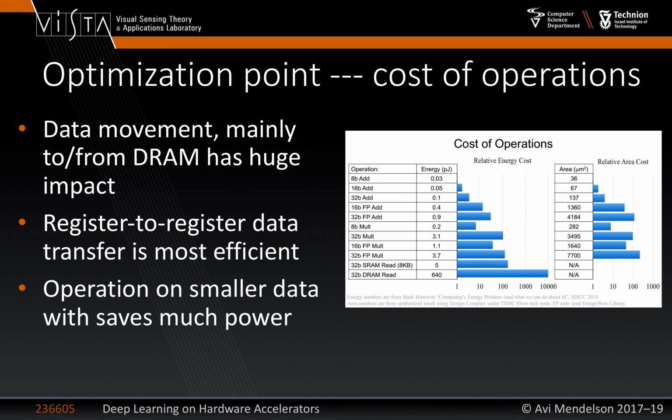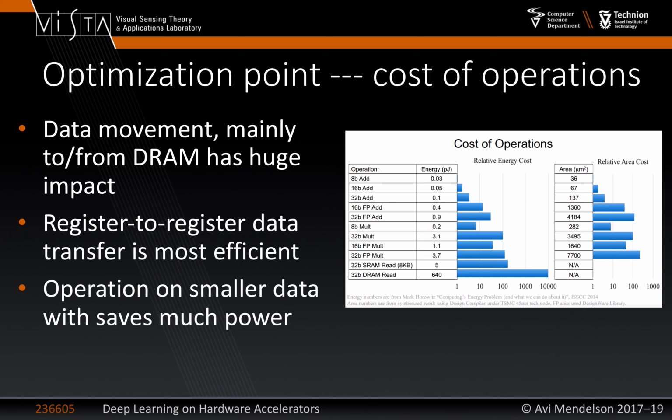Because the cost of the machines themselves is only 10 to 15%, and the cost of the power is at least twice that over the lifetime. So from the cost of ownership, it is very important. It's not the battery, but it's the cost of ownership.